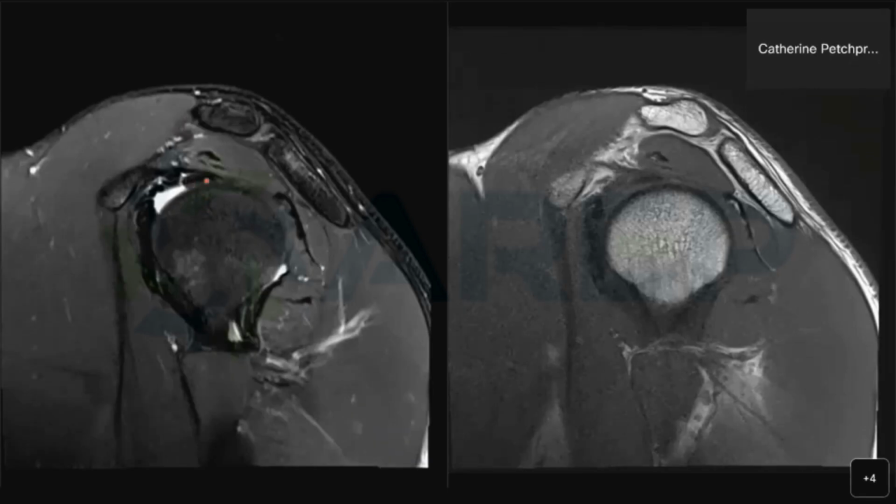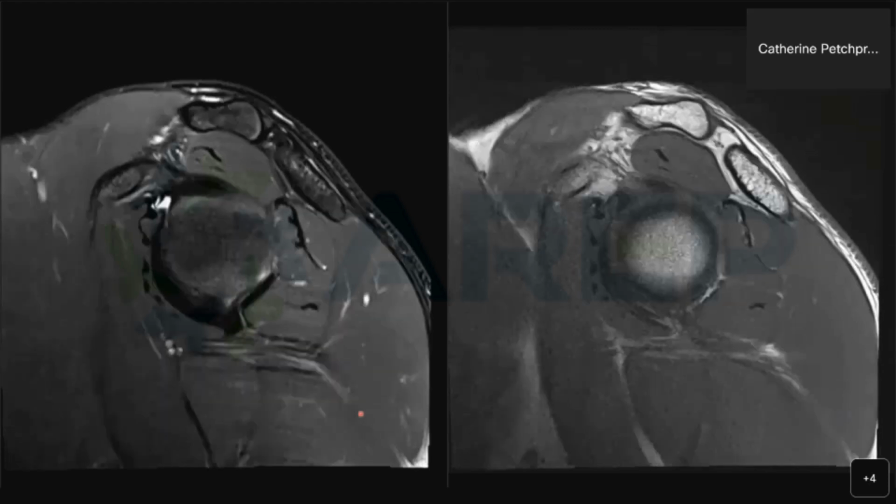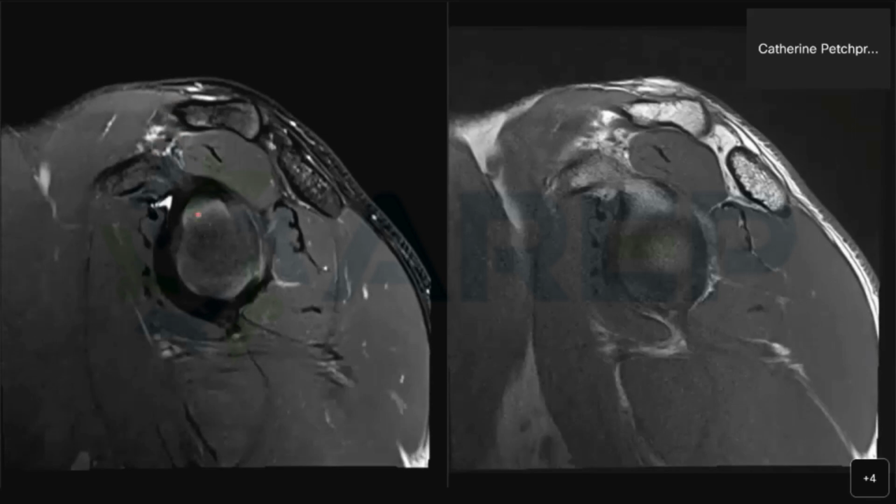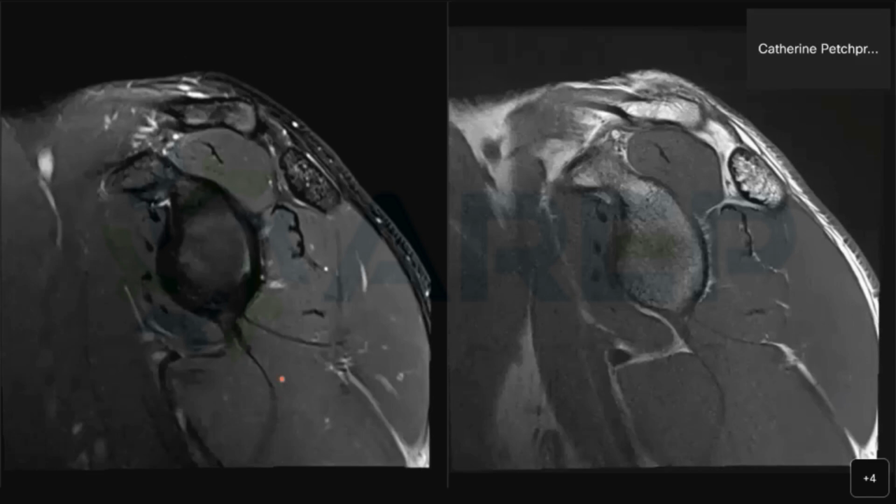Entering the joint and inserting at the supraglenoid tubercle. This is the coracoid process with the short head biceps and coracobrachialis. Here is the acromioclavicular joint. This is the region of the coracoclavicular ligaments. This is the glenoid labrum, seen on the fat-suppressed sequence.